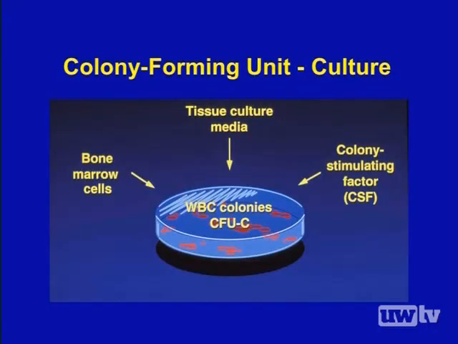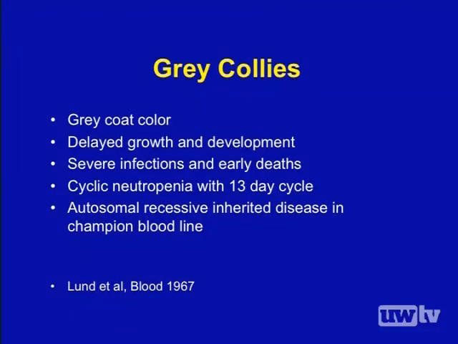The idea was originally that maybe the normal cells would make something that might make the leukemic cells mature and become normal. But what actually happened, the leukemic cells made something that made the normal cells grow. And that discovery led to the recognition of what we call colony stimulating factors.